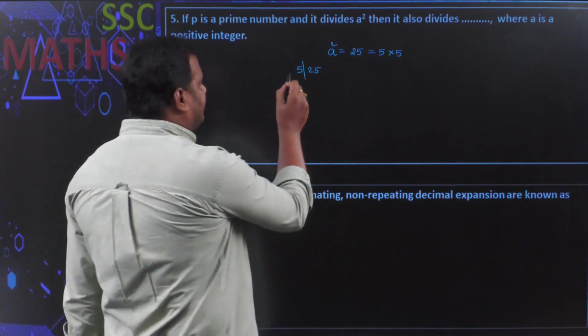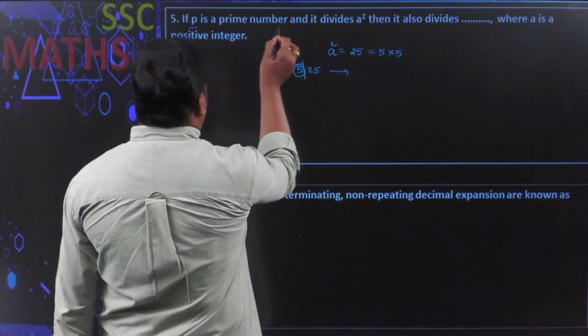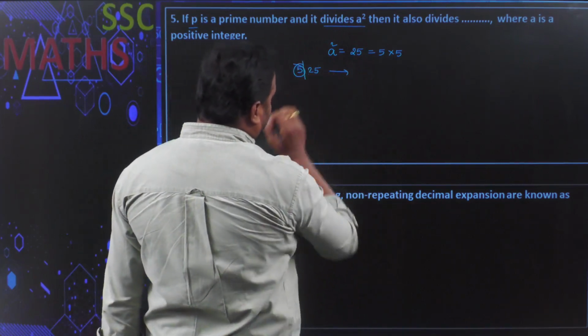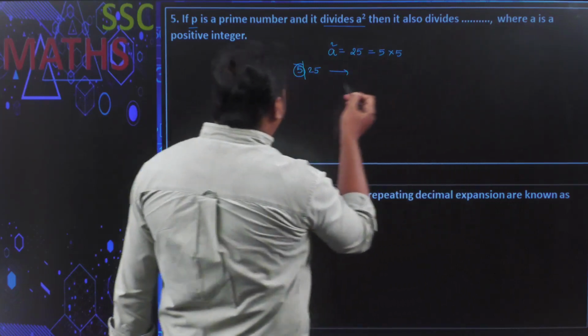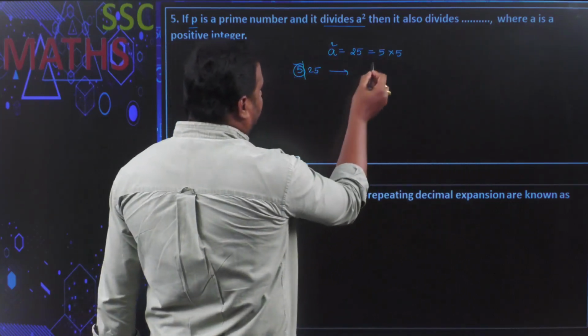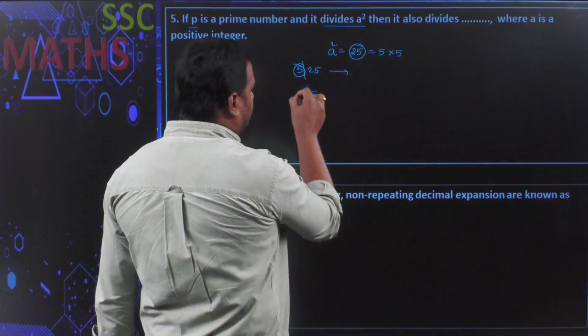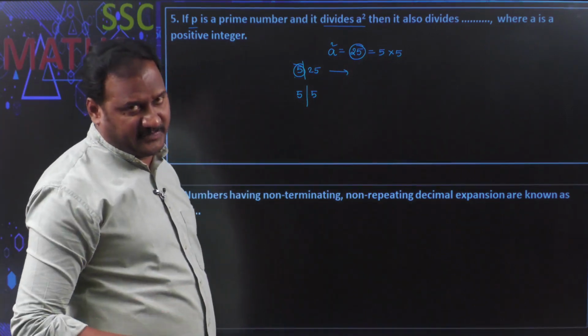So when 5 divides 25, because 5 is a prime number, see here P is a prime number and divides A square. So 5 is a prime number that divides 25. What is the square root of 25? The square root of 25 is equal to 5. So 5 also divides 5, right? When 5 is divided by 5, it leaves the remainder 0.